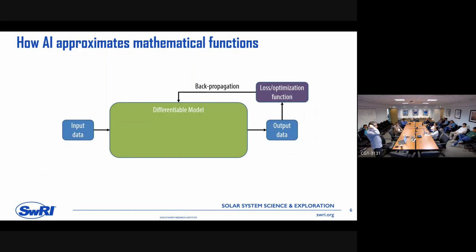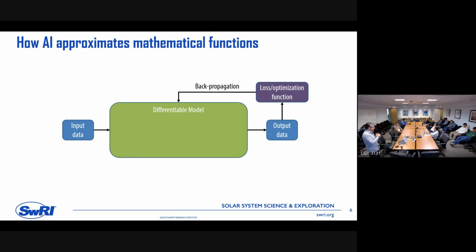Now, the way we do this is by implementing models that transform the input into that output. And these models need to have two things. One is a learnable component. This is what enables the approximation.